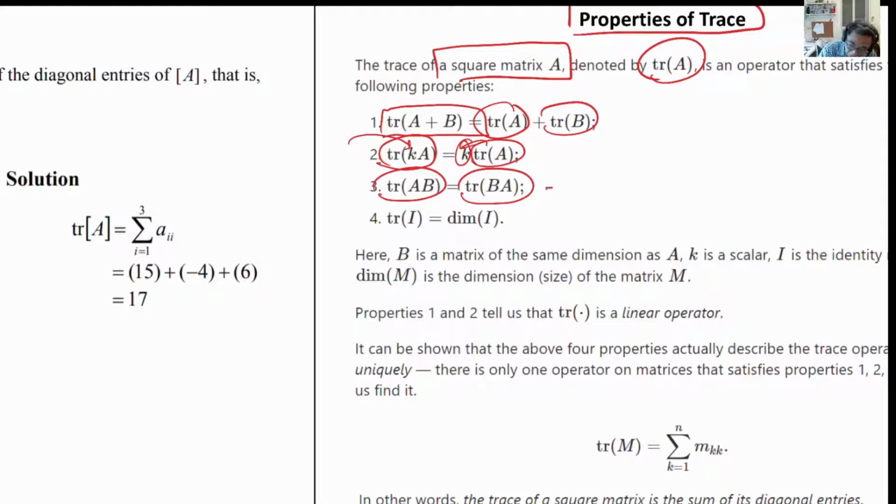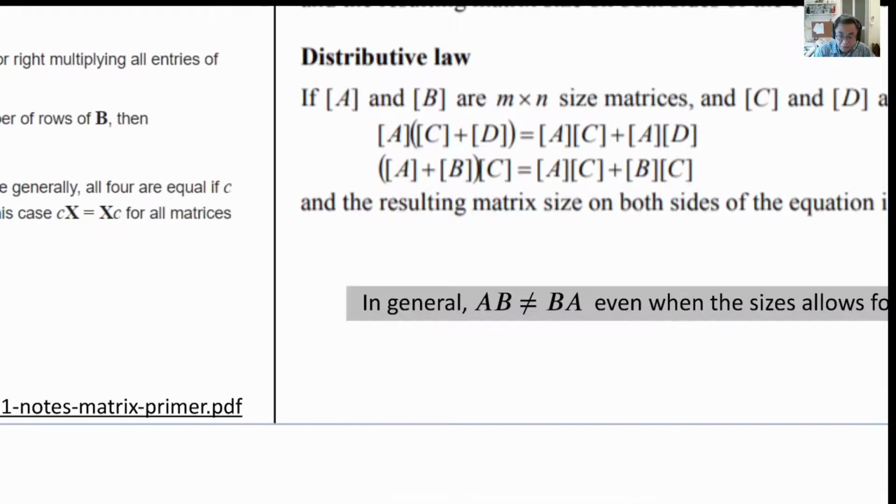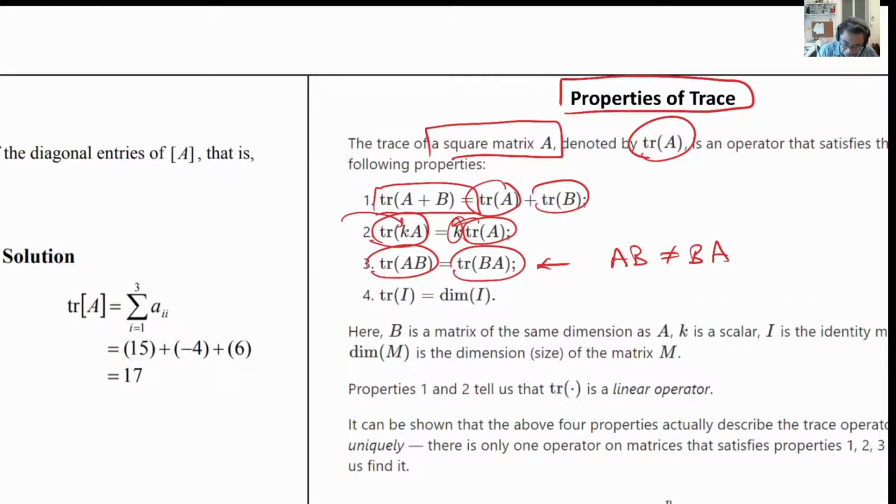The third property, the trace of A multiplied by B is the same as trace of B multiplied by A. So interestingly, even though AB is not equal to BA, as we have discussed previously in 7.2.1, nevertheless its trace is interestingly the same.